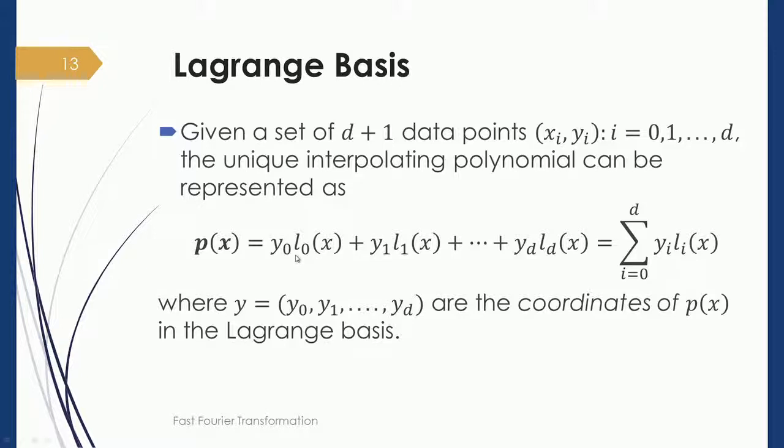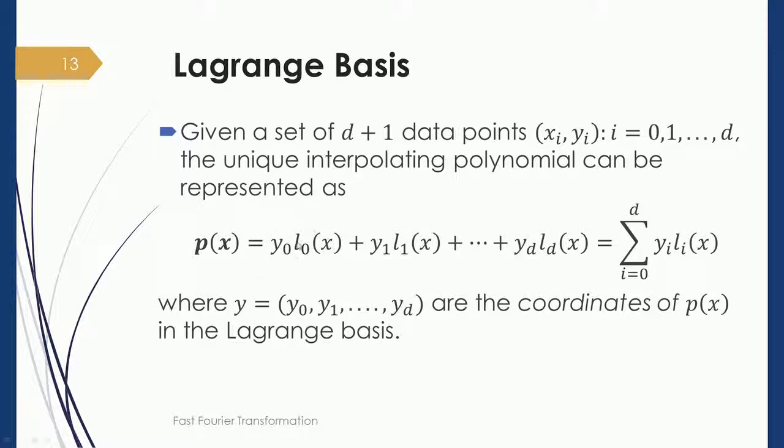Notice that the Lagrange basis function L sub 0 of x will evaluate to a 1 when x equals x sub 0, and at x equal to x sub 1, x sub 2, and so on, it will evaluate to a 0. So, when we provide this polynomial L sub 0 of x with the coefficient y sub 0, this entire polynomial is going to evaluate to y sub 0 when x equals x sub 0.